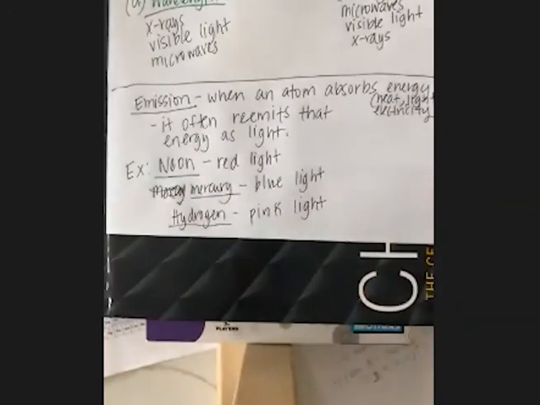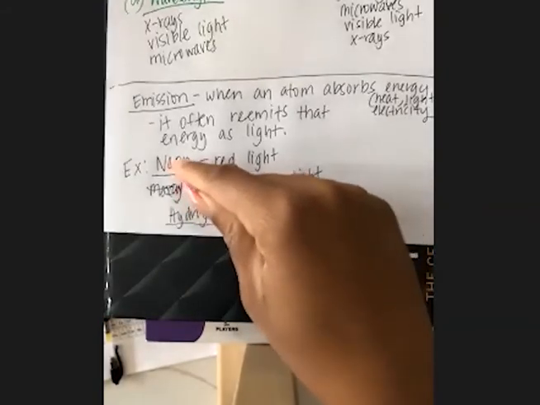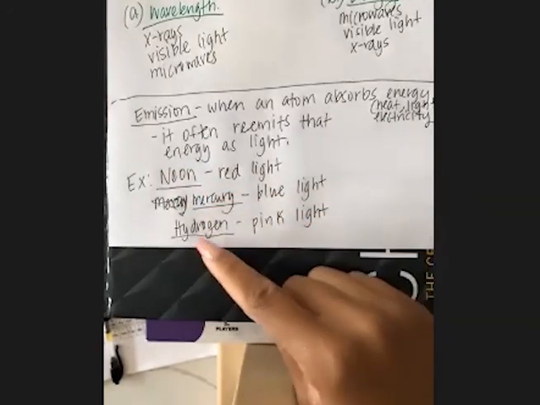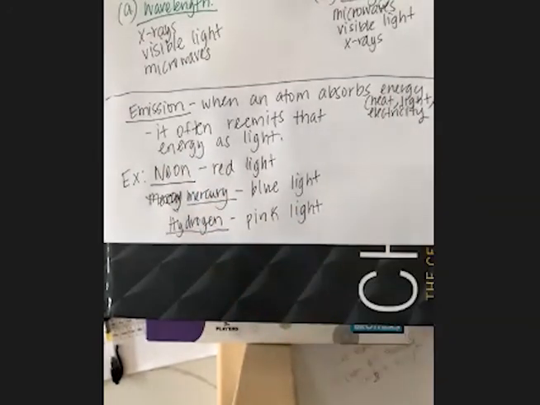And that's basically, if I have these lamps set up, a glass tube of neon, a glass tube of mercury, a glass tube of hydrogen. If you guys have heard of halogen lamps, they are just lamps that are filled with halogen gas. And we know what the halogens are. They're elements in group 7. So it's just saying when you mix these gases together, they give off certain colors of light.